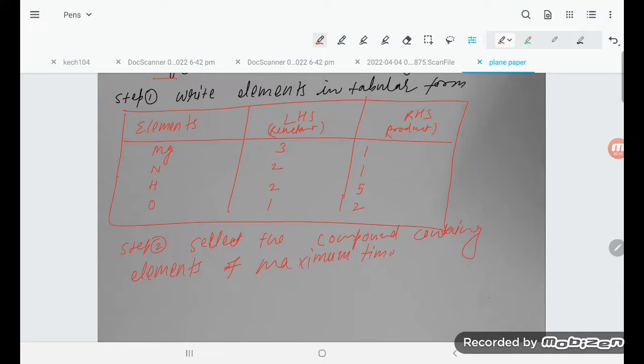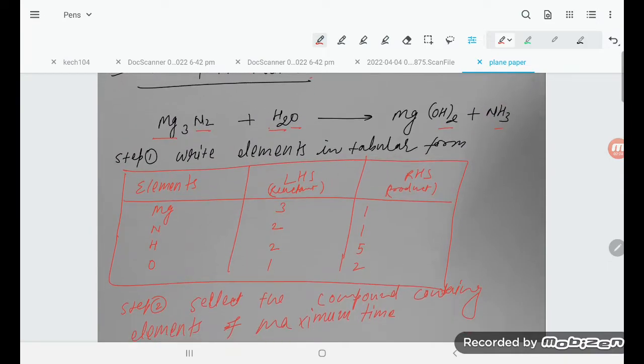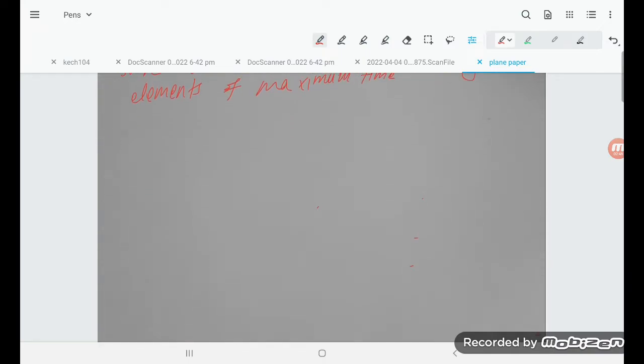Dear student, see which element occurs the maximum times. That is Mg3N2, which contains 3 Mg atoms. So we are going to balance magnesium first, because magnesium comes the maximum number of times. So let us try to balance.